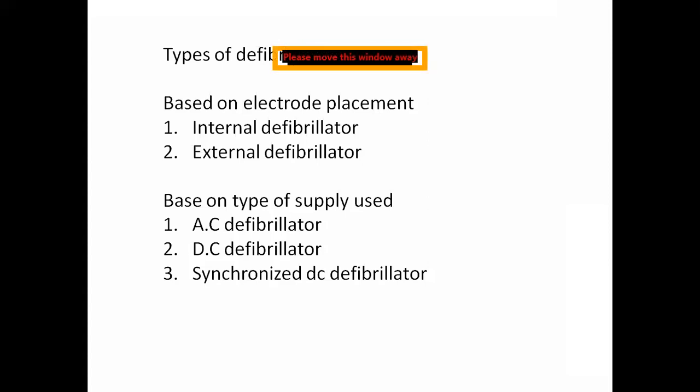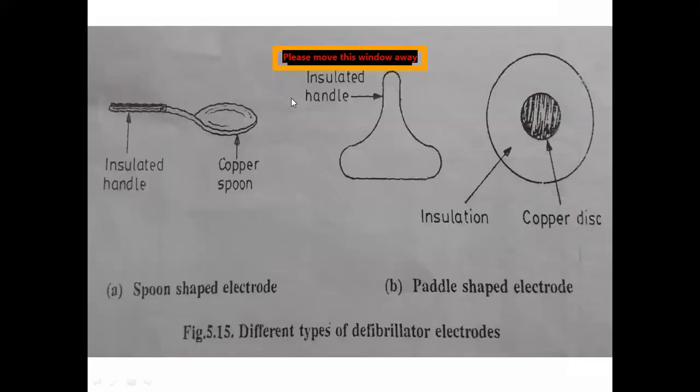Coming to the next one, for applying the shock to the patient, we cannot directly give the wires, so we have to connect them to electrodes, and those electrodes should be placed. With the internal defibrillator, we use a spoon shaped electrode.